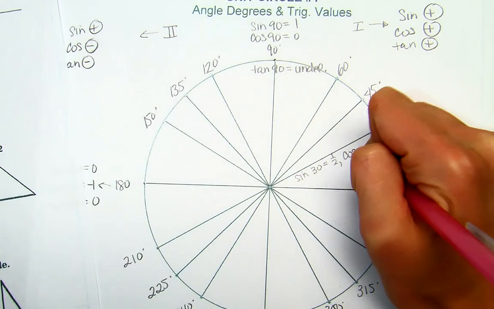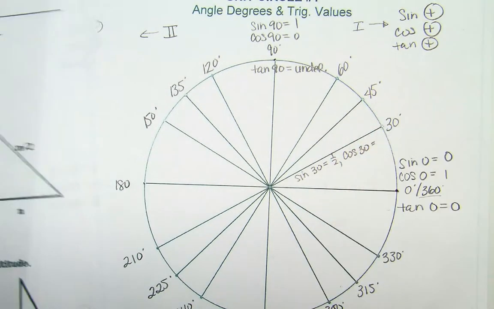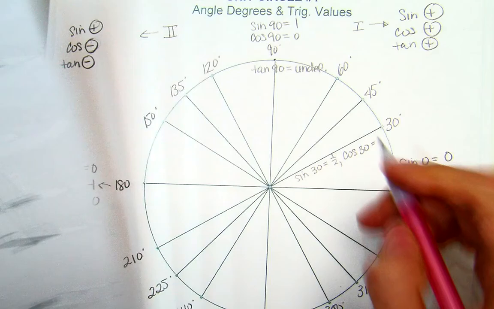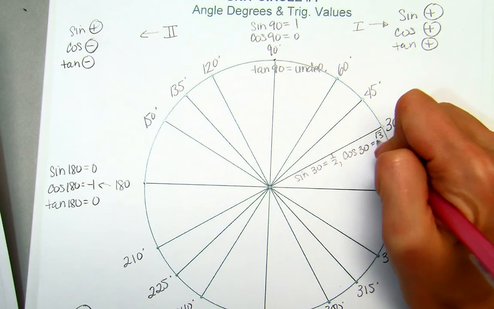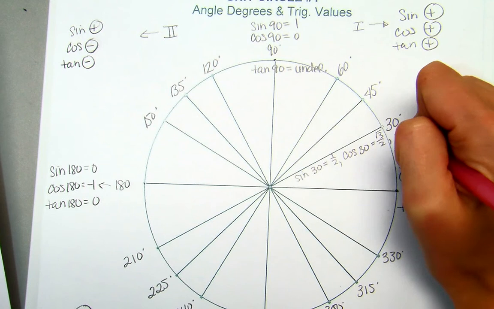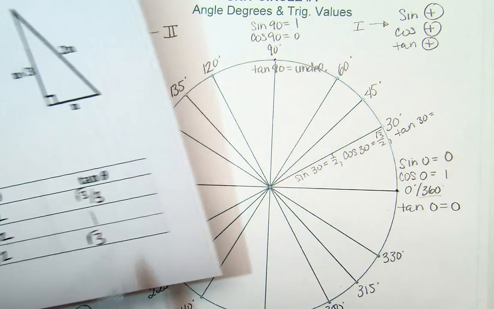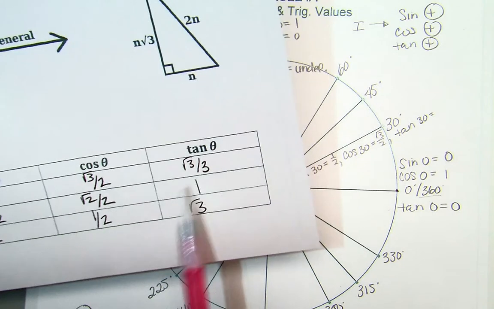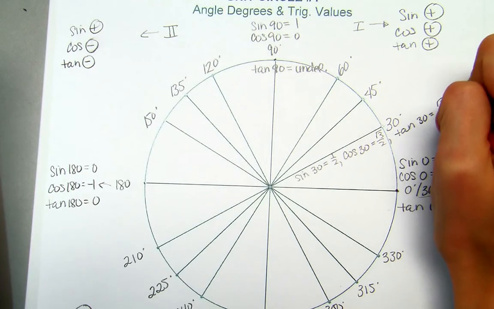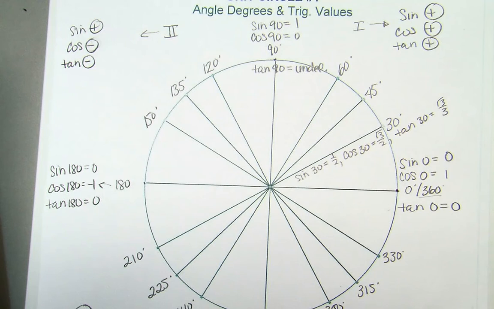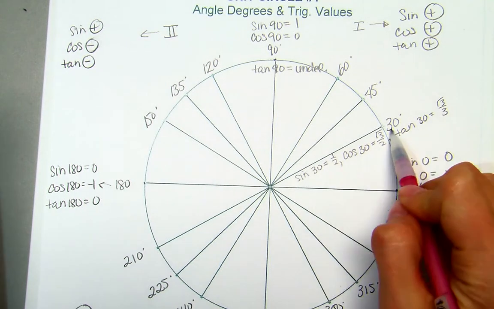The cosine of 30 is square root of 3 over 2. And the tangent of 30 is equal to square root of 3 over 3. And now we have all 3 trig functions for 30 degrees.